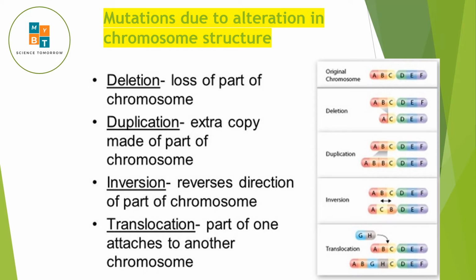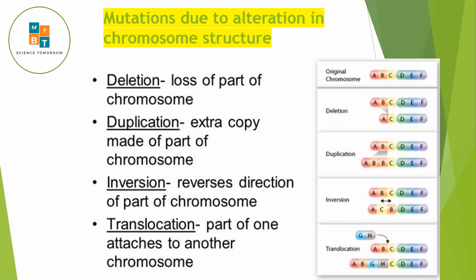If you take these four structural alterations of the chromosome, with deletion, you will lose some genes. In duplication, you will duplicate some genes. In inversion, there's no difference in the number of genes. But the problem is that some genes may not be expressed typically, because gene expression may be affected by the position of the gene.